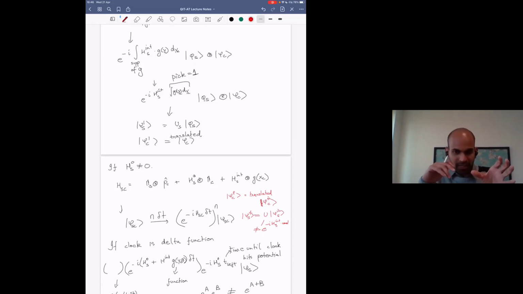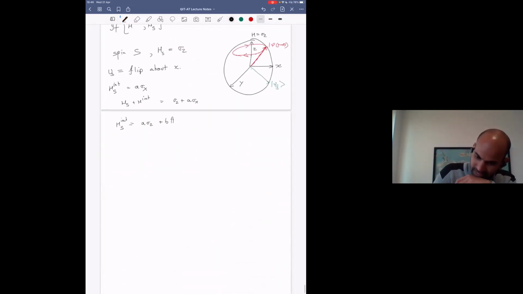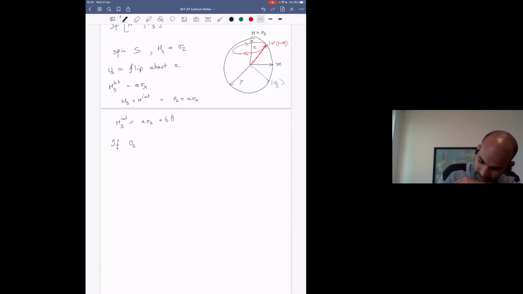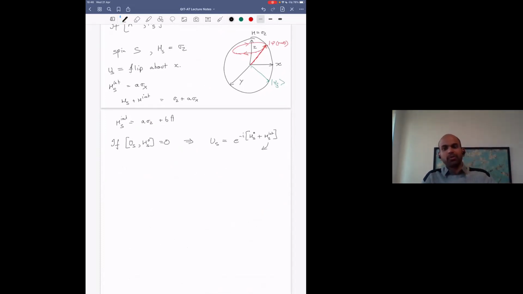So it just means that in the case that the unitary operation that we want to perform in the system does not commute with the natural Hamiltonian, rather than just take the logarithm of the unitary that we want, what we have to do in this case, so if we have U_S with H_S0 not equal to 0, then what we have to consider is U_S equals e to the minus i (h naught s plus h int s), and we have to solve now for this interaction Hamiltonian.